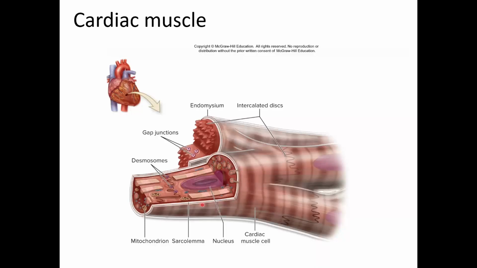So here, the cells did not fuse together into one long multinucleated cell. They stayed individual cells, but they are directly connected through these intercalated discs, which are a combination of desmosomes and gap junctions.